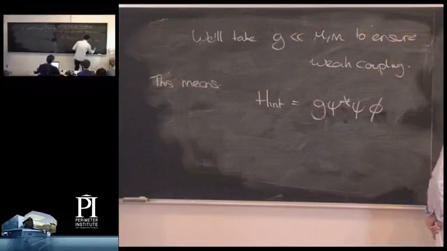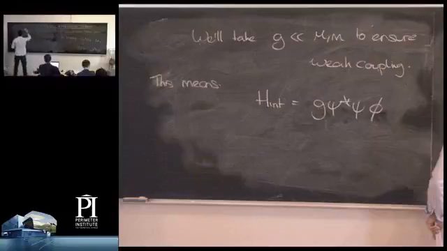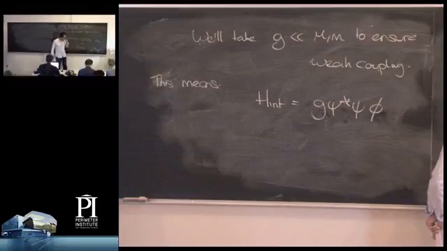And the term is going to be the following: G times psi star psi times phi. And notice that, in terms of the classifications that we had yesterday, this is a relevant term. That means that G here has the same dimensions as mass. So if we want to make this small, G has to be smaller than a particular energy scale.